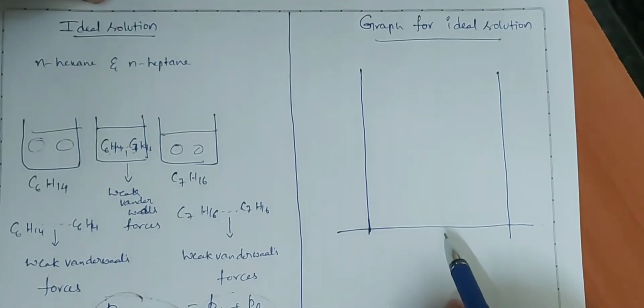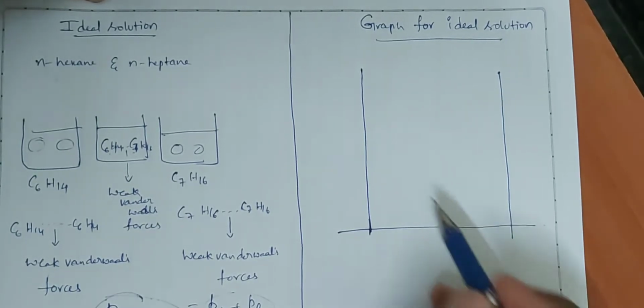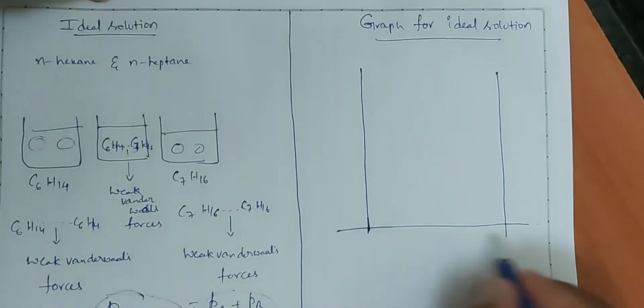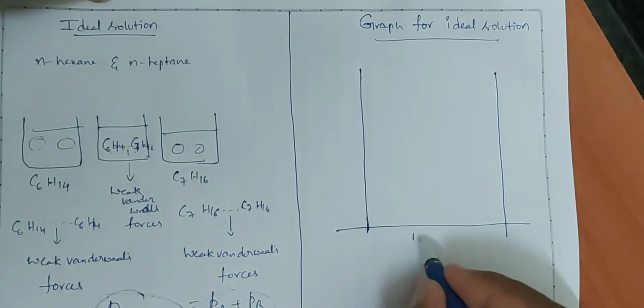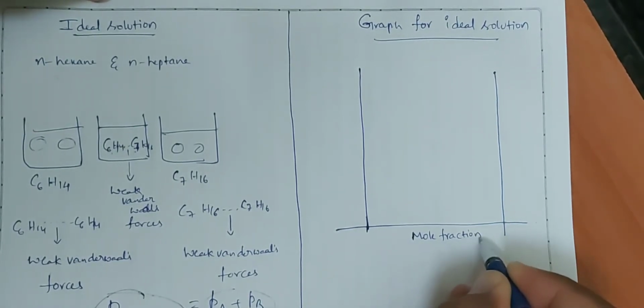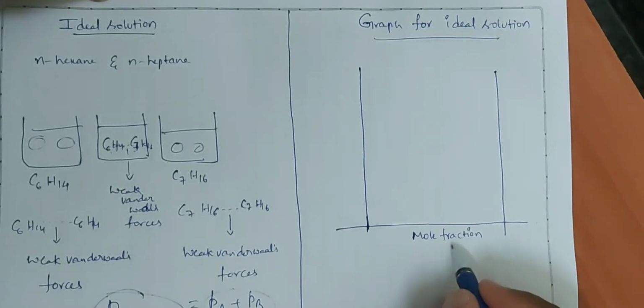In between them we can see solutions with different mole fractions of solute and solvent. That's why I considered two y-axes. On the x-axis I have taken mole fraction chi.